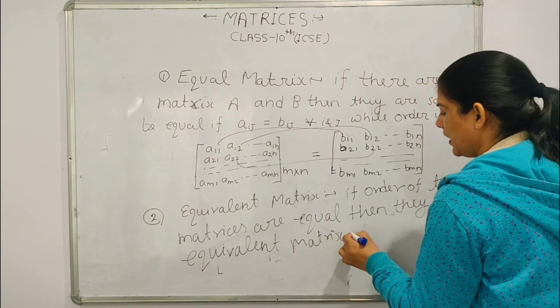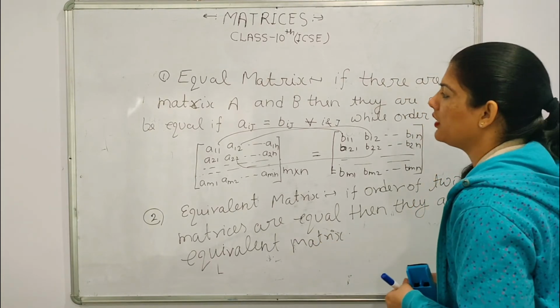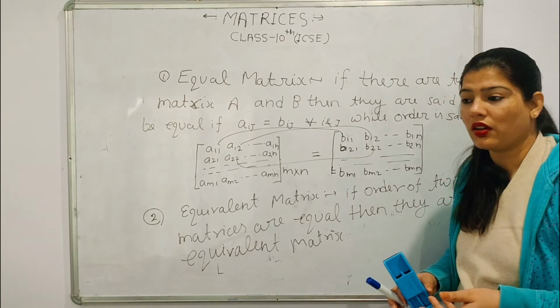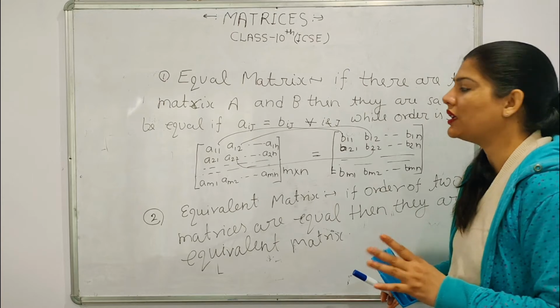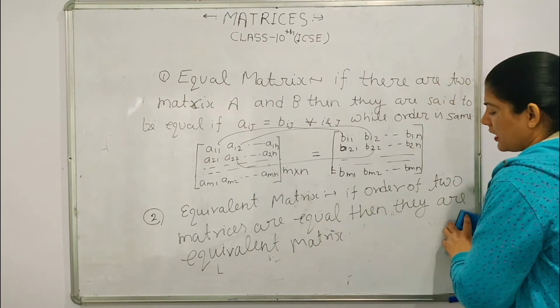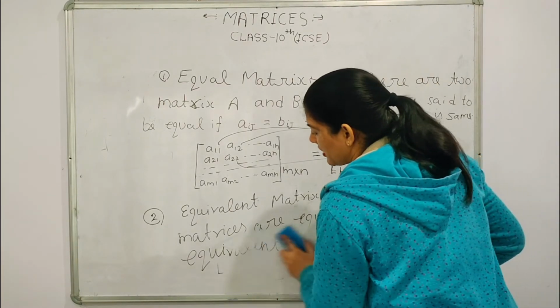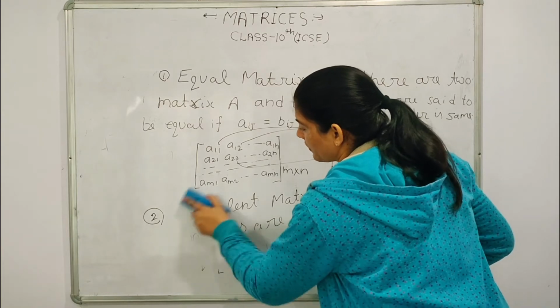So after this we have to find plus, minus, order, and after that in the second exercise we have to find the multiplication of two matrices. So first we'll discuss the first exercise of this topic.